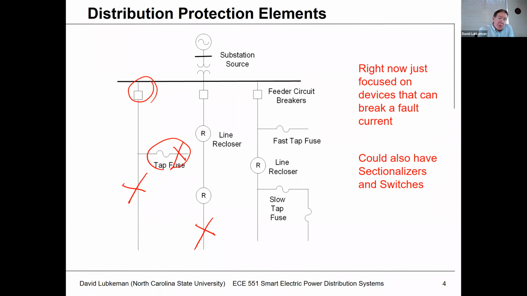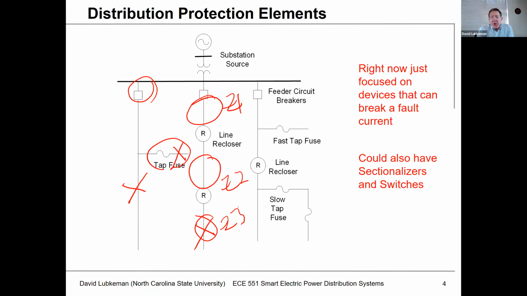And so if we wanted to break this into three different protection zones, say like zone 1, 2, and 3, then we could improve the performance of the circuit with respect to reliability by breaking it into these smaller zones.